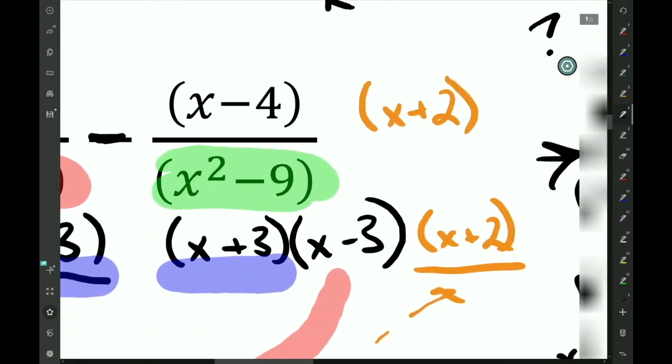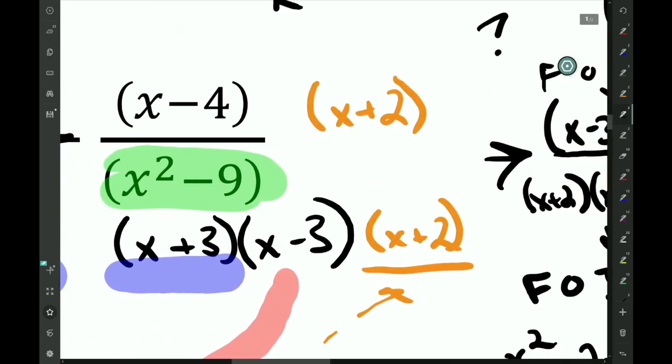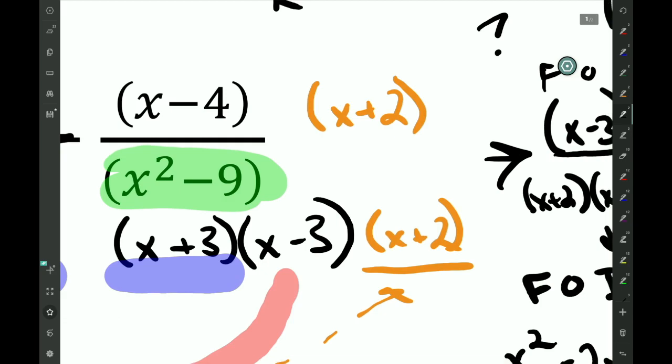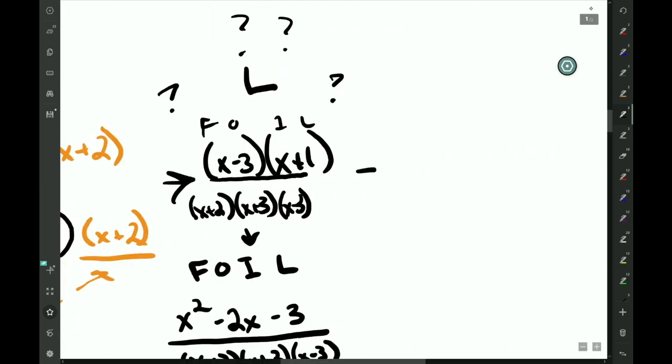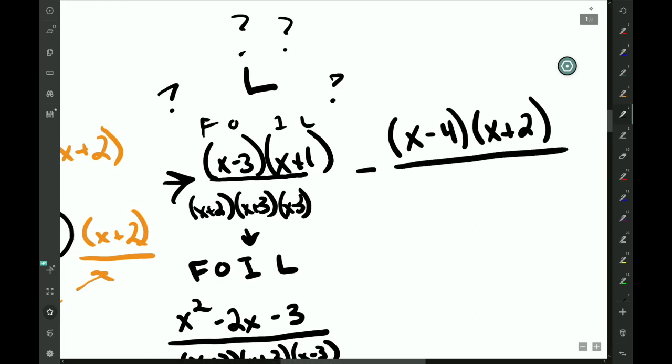So we are subtracting x minus 4 times the quantity x plus 2. Minus x minus 4, x plus 2, all over that LCM, so x plus 2, x plus 3, x minus 3.